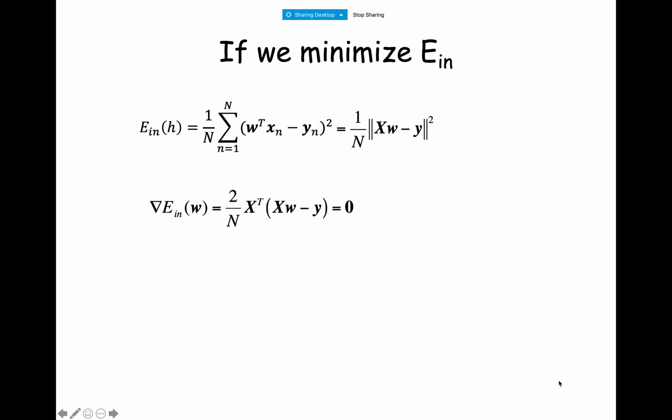And I forgot this part: when you take the L2 norm, it's like taking the dot product of some quantity with respect to itself, right? So if you're going to take the dot product of something with itself, it's like saying, if I have x, x transpose times x. That's what it means to square something in vector-matrix notation.